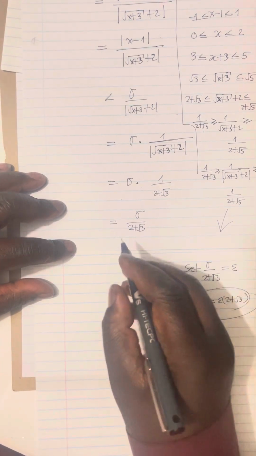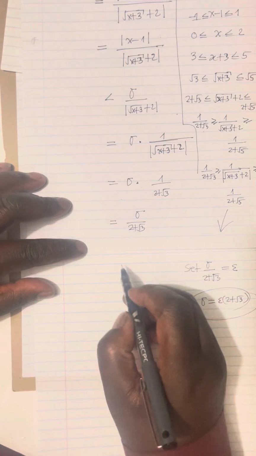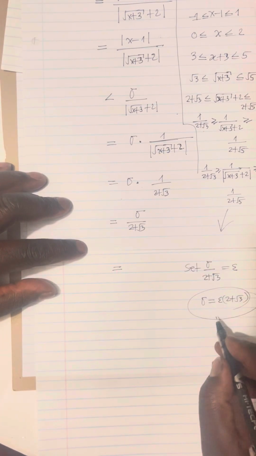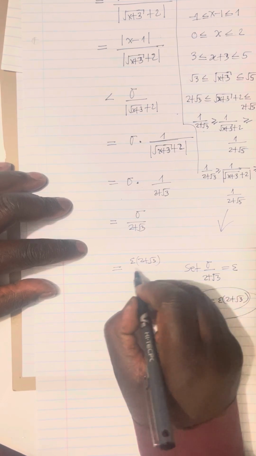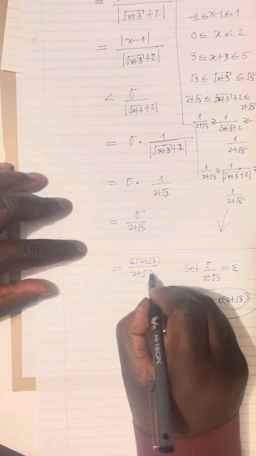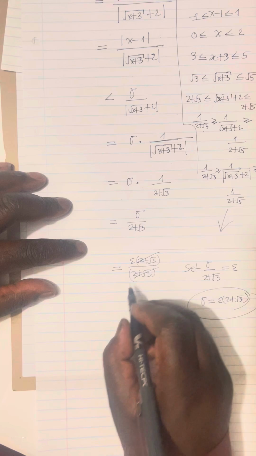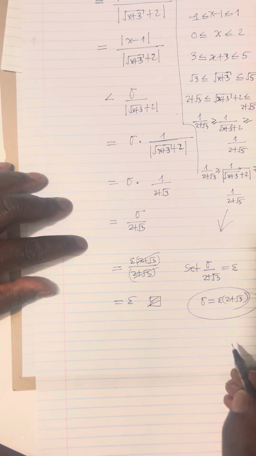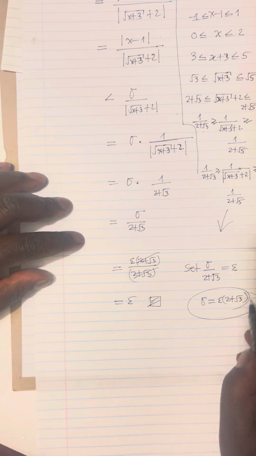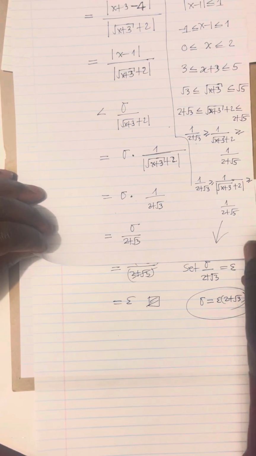It must come here. If I bring it here, it's going to be in the numerator. I'm going to have epsilon times 2 plus root 3 all over 2 plus root 3. You can clearly see these cancel, and what do I have? That should be the end of my proof. But remember, our choice of delta must come where?